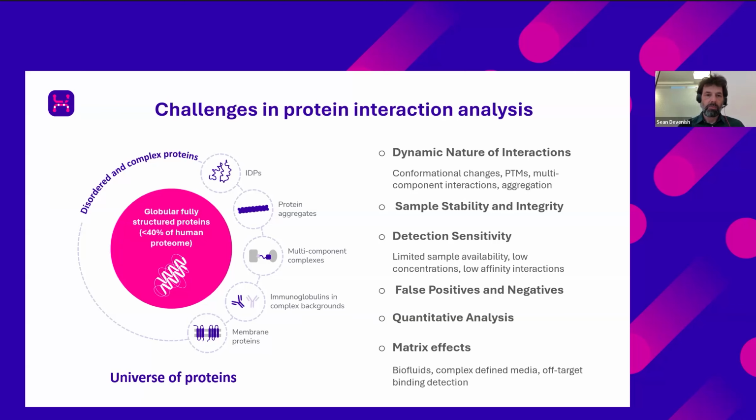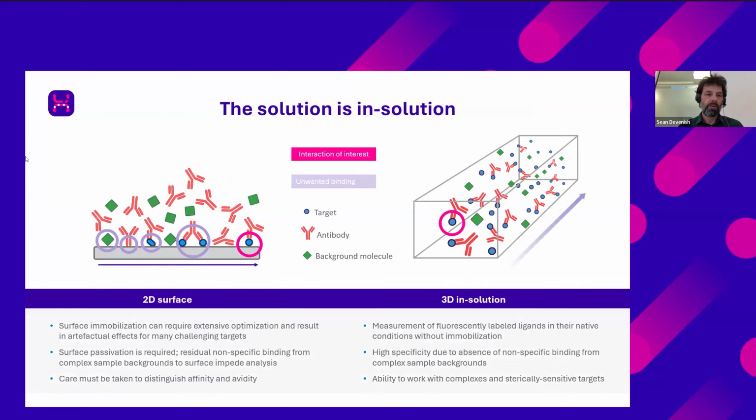When we were thinking about where some of these challenges arise from, we were really focused on how the vast majority of existing technologies work, which is based on detecting interactions at a surface. Now, these have done a great job and have moved biological research a very long way over the past years.